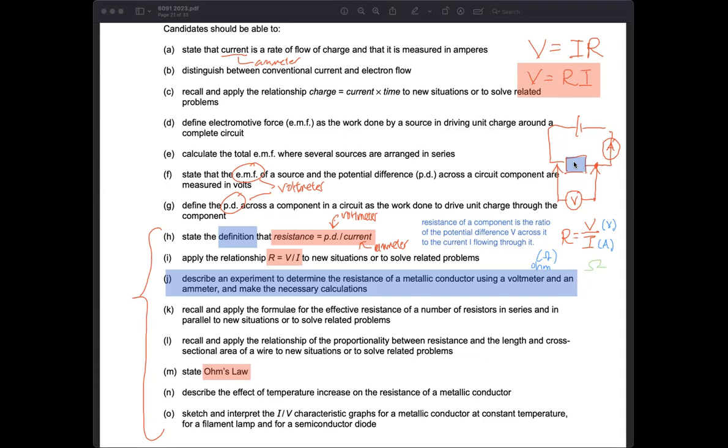Okay, so let's study this formula in red. How do you tell when the resistance is high? Can you see this?